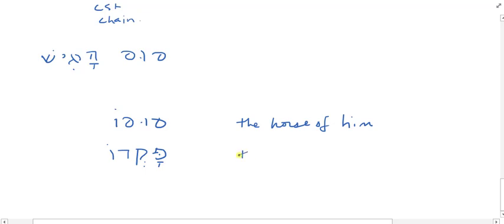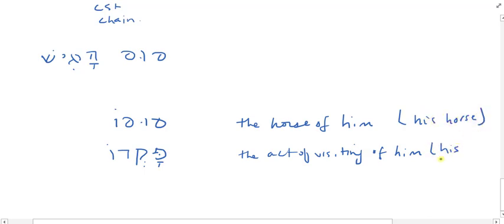Pokdo, which is the act of visiting of him, which is his, right, in both of these. His horse, his visiting activity. Okay? And I say that again in a way to clarify the difference between his act of visiting and then why that changes where you don't use the pronominal suffixes.